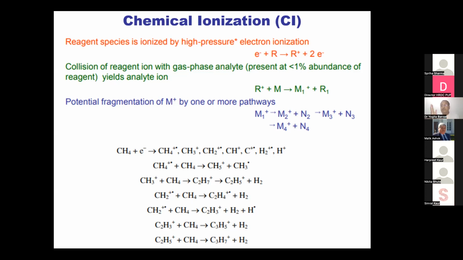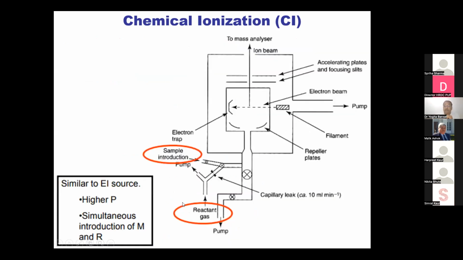MH+, the protonated molecular ion or the quasi-molecular ion, is produced by a chemical reaction between the neutral molecule and the protonated methane. These are the other possible species which can participate in this chemical ionization mode.